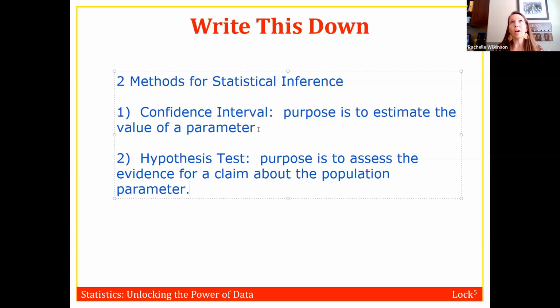It's just what your end goal is, whether you're going to do a confidence interval or a hypothesis test. And we are going to focus on confidence intervals here in chapter 3 for the remaining 3 sections of chapter 3. And then in chapter 4, it's all focused on hypothesis tests. So we're going to learn a lot about those. And like I said, confidence intervals and hypothesis tests are what we're doing from now until the end of the semester.